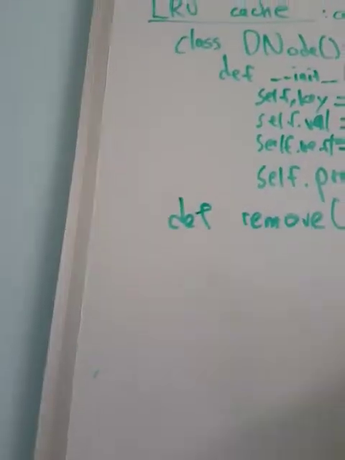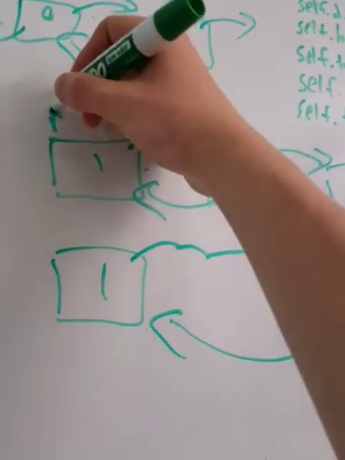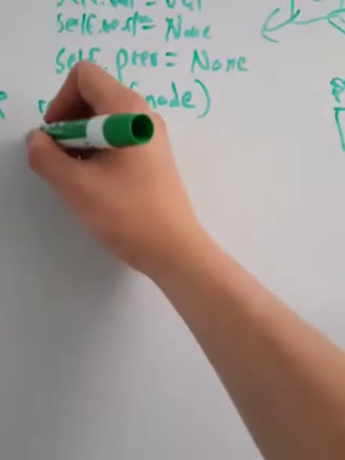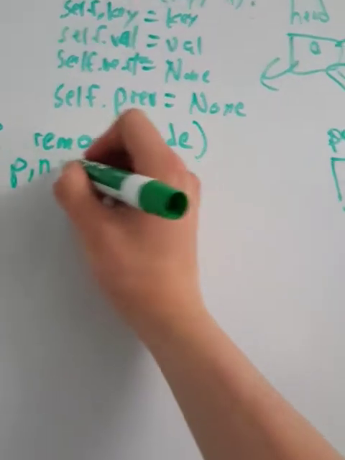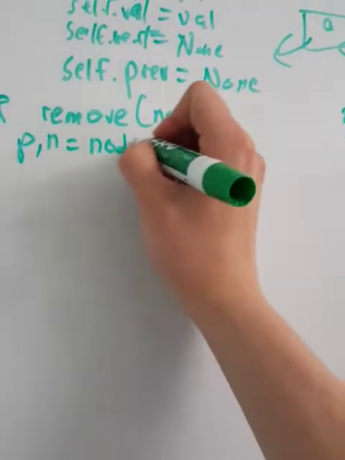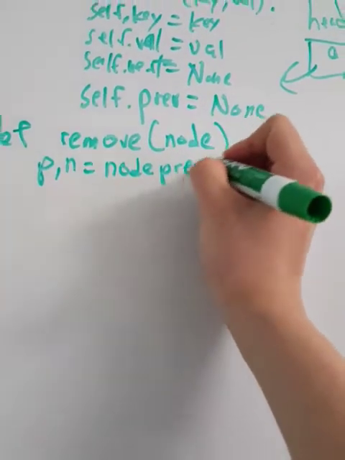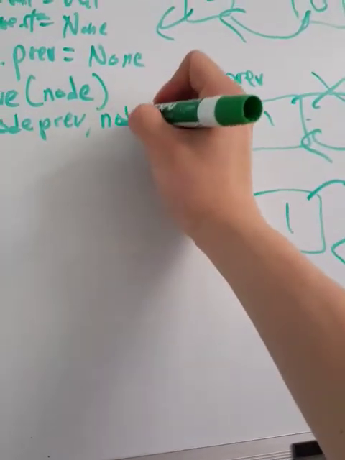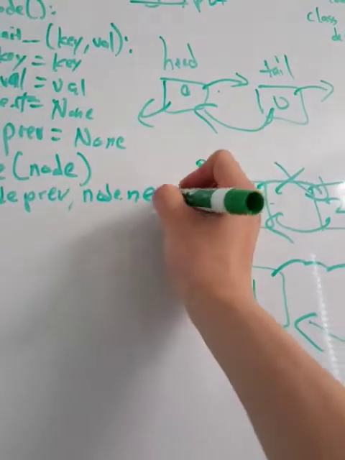So what do we do here? We need to get a pointer to the previous node and the next node, or just P and N, to save some space. So P is equal to node.prev, which would be 1 in this case, and N is equal to node.next.